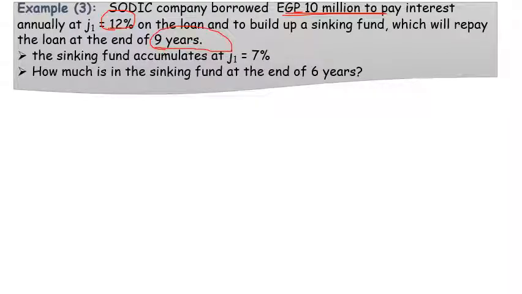The sinking fund accumulates at 7%. This means the sinking fund will give 7% interest on the deposits paid by the Sodic company. The required is to calculate how much is in the sinking fund at the end of 6 years.